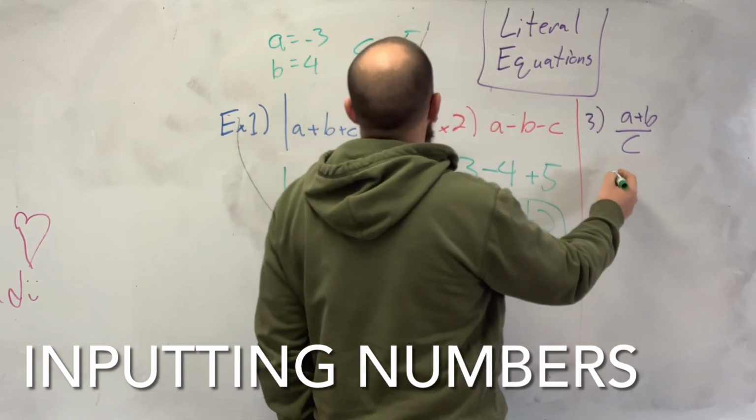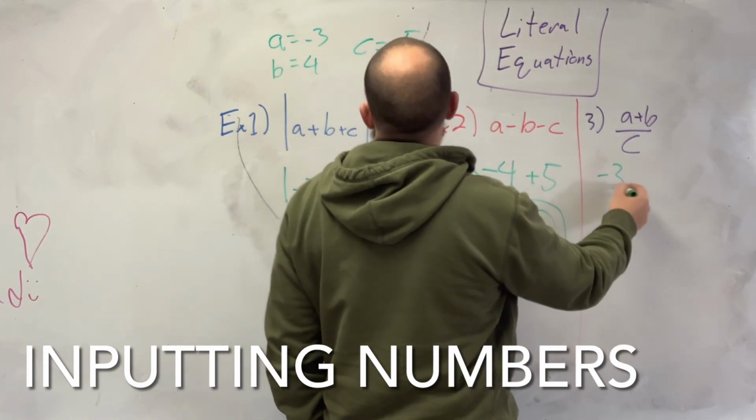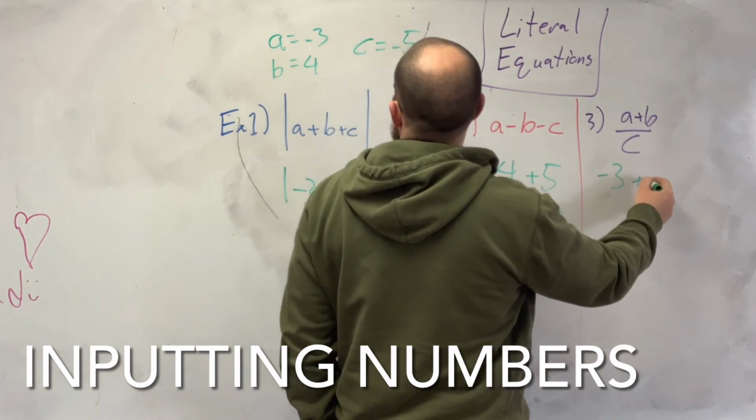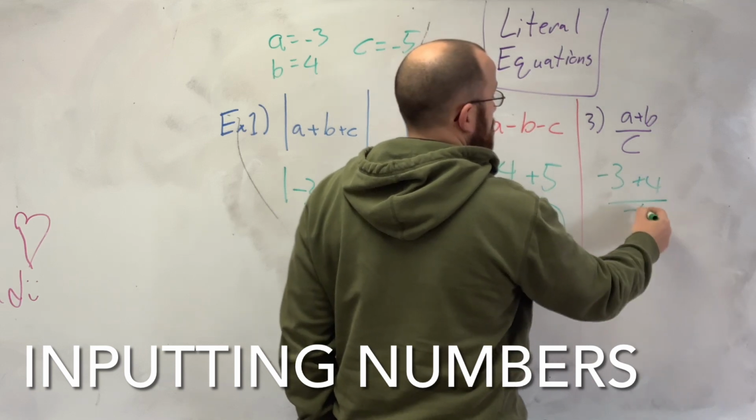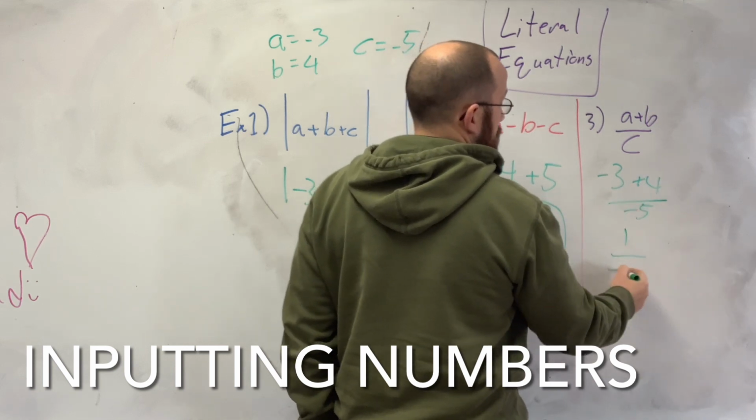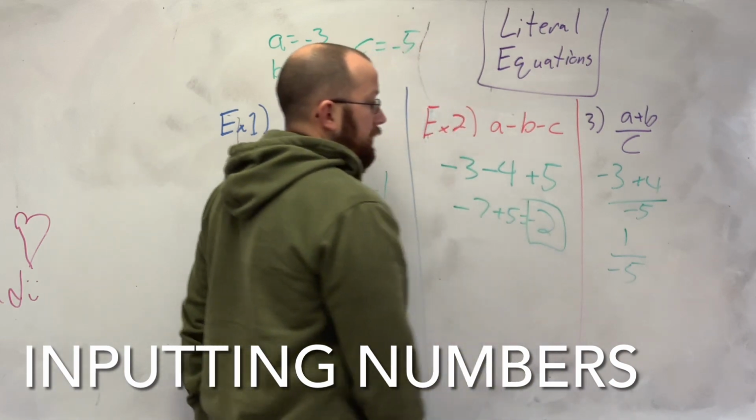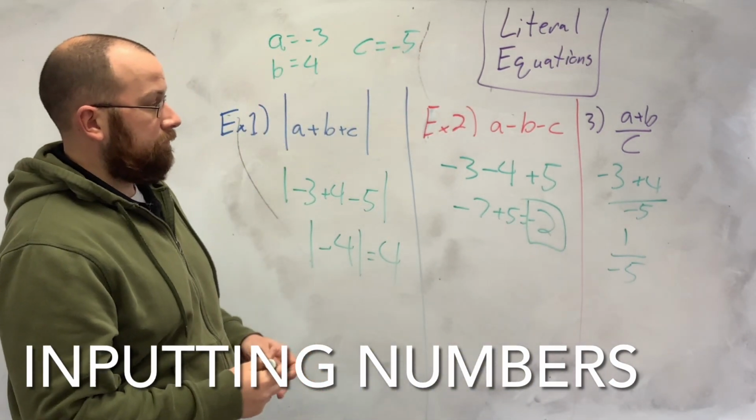And our last one, -3 plus 4 over -5. So you get -1/5. And there you go.